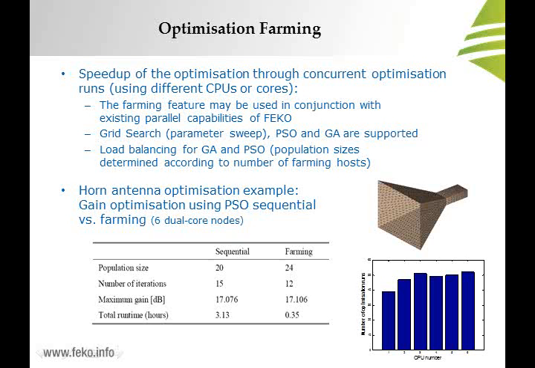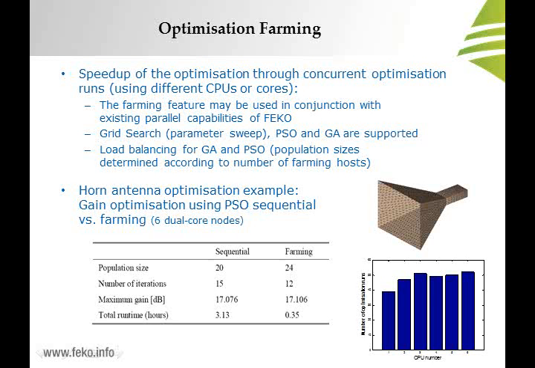Farming means the concurrent solution of different optimization steps or different configurations during the optimization on different computers, different nodes of a cluster, or even just different cores of a multi-core environment. This can, of course, be combined with parallel processing. So we can farm out, for instance, parallel runs while the optimization is running.